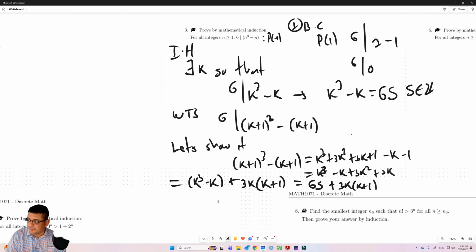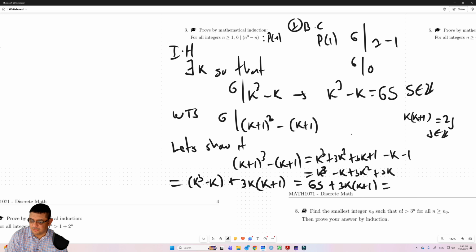And so now notice that the product of k times k plus 1 is the product of two consecutive integers. So one of them has to be even, right? So k times k plus 1, and this is something that we proved before, so that's why we're going to use it, is going to be 2j for some j that belongs to the integers.